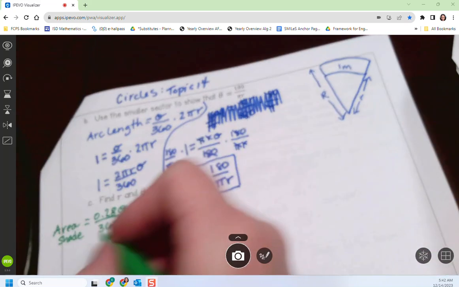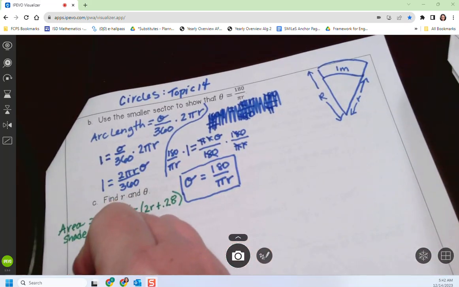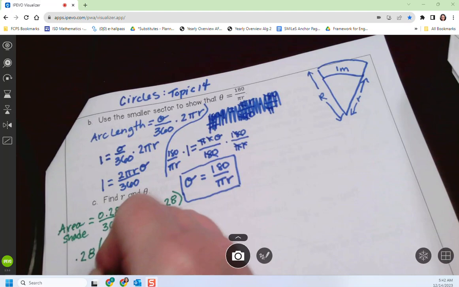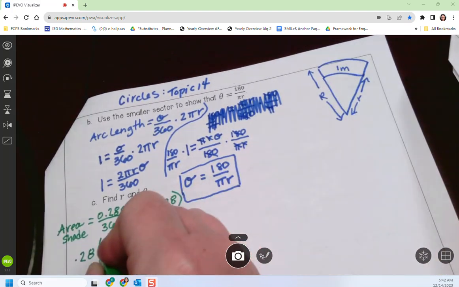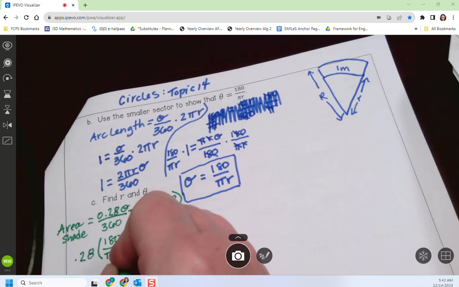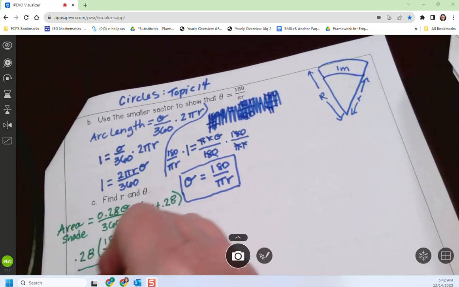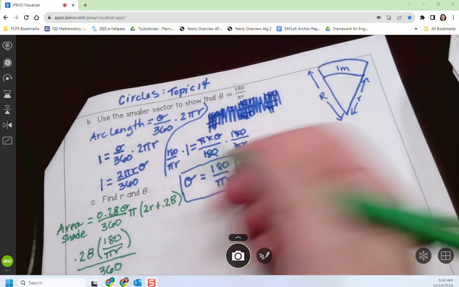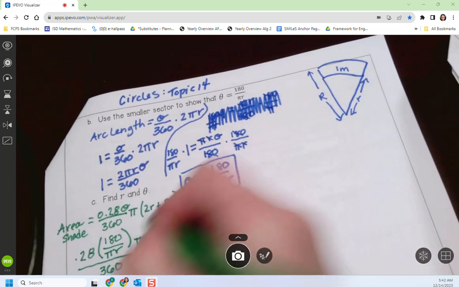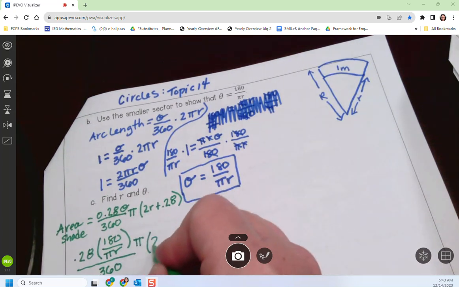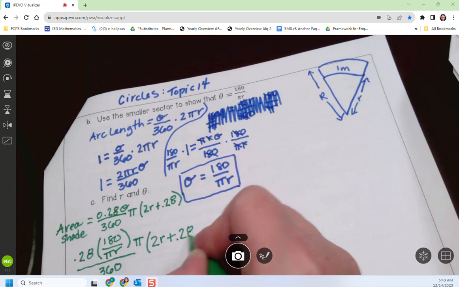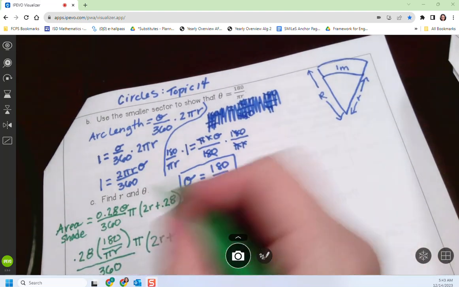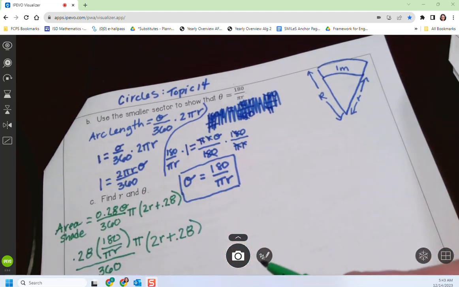So I'm going to do 0.28 times, instead of theta, 180 over pi r over 360, and then that's times pi, and then 2r plus 0.28. So now my expression has only r as a variable and not r and theta.